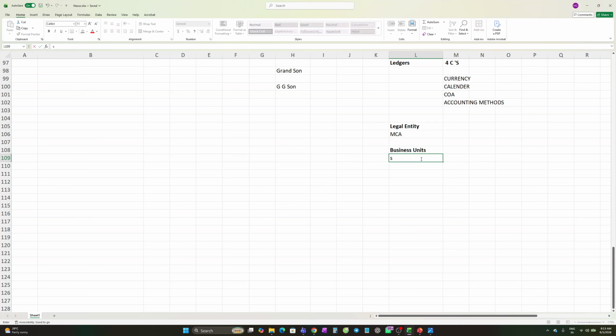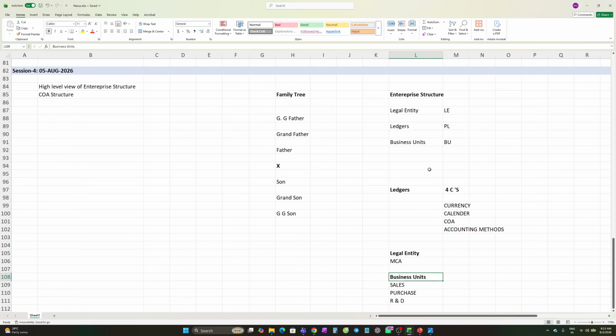If you're doing any sales transactions or purchasing transactions, or if you are doing any R&D activity, here R&D means research and development activities for invention of new products, these whole activities come under the business units. Okay.